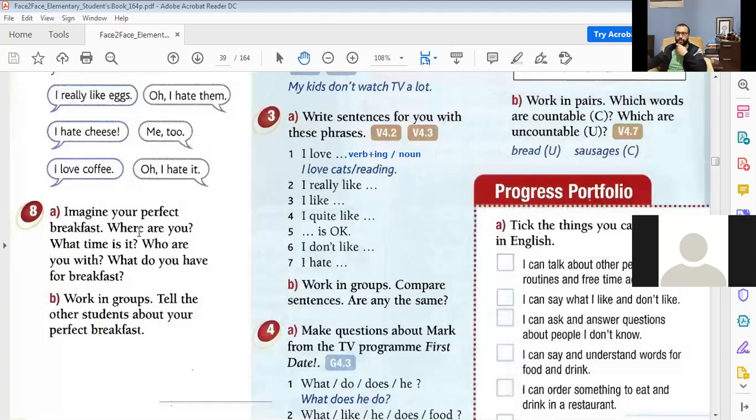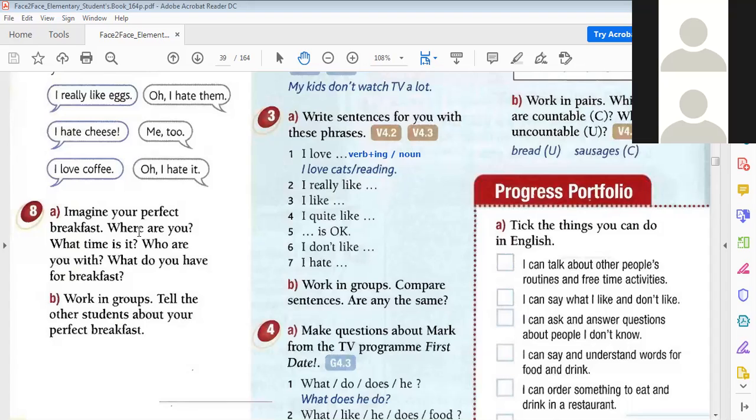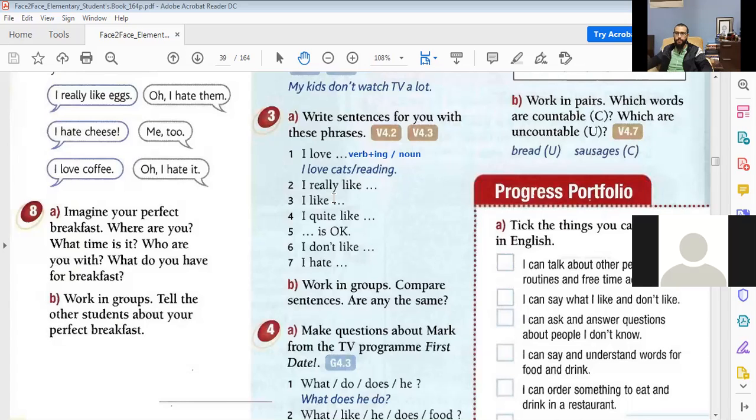Okay, let's listen to someone else. Rana, can you tell us about yourself? You can talk about things you love, things you like. You don't have to say 7 examples, maybe 3, 4, whatever you can think of. I love making cakes.